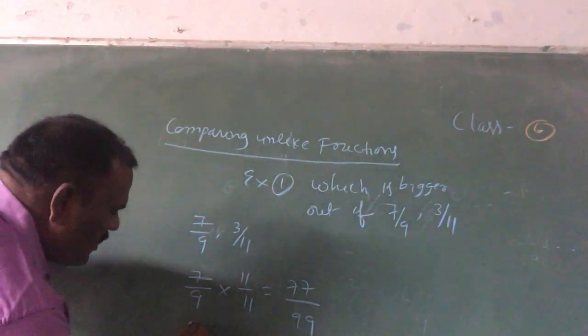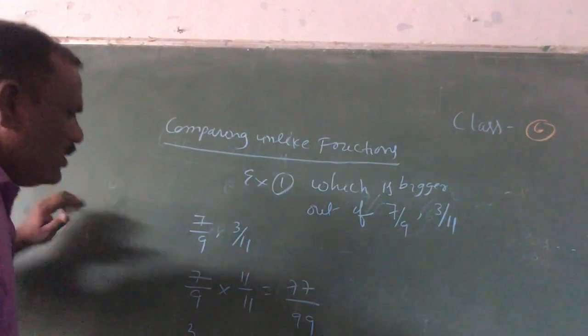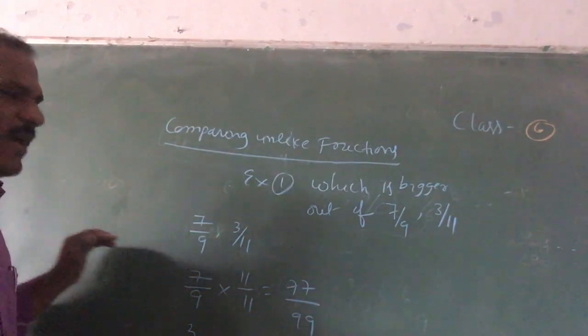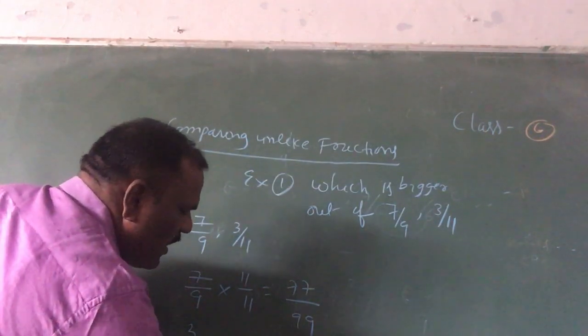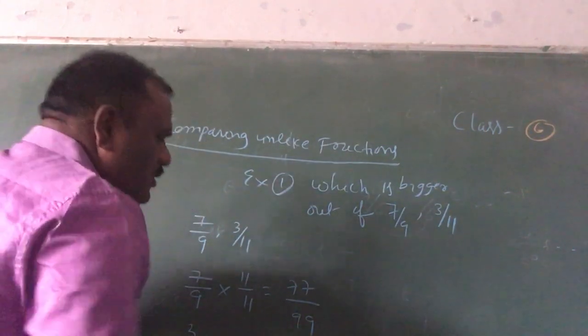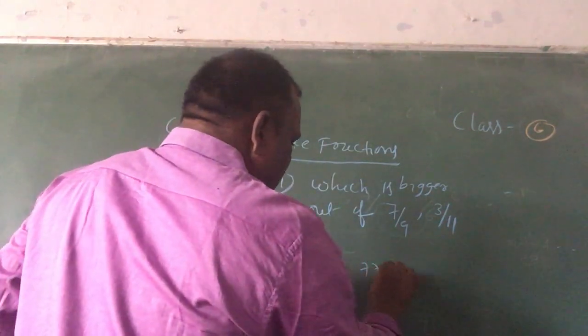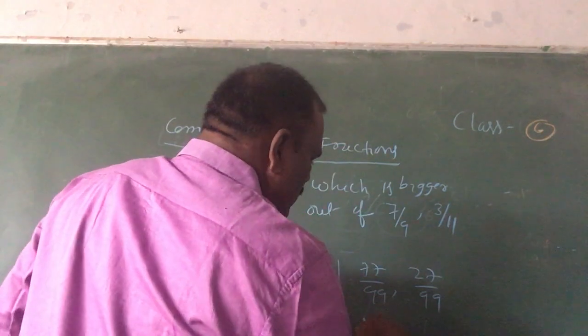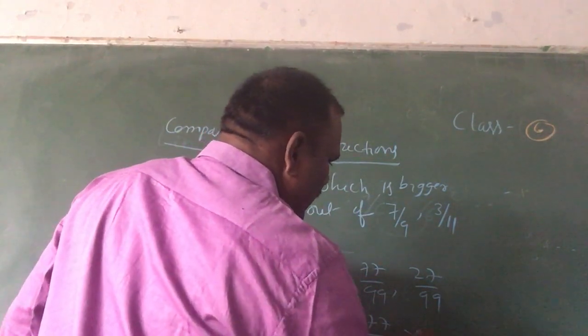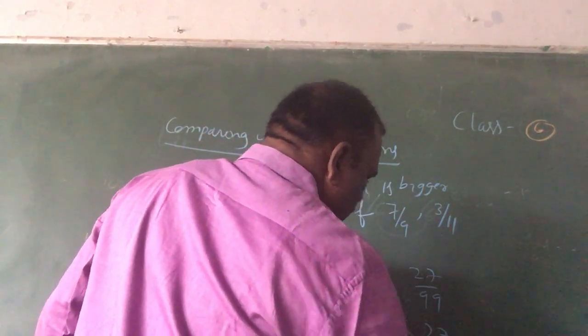Now 3 by 11 is multiplied by the denominator of the first fraction, 9 by 9, equals 27 by 99. So now 77 by 99, 27 by 99.